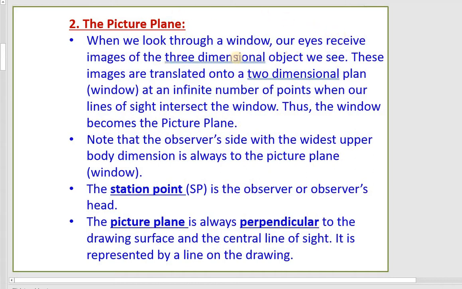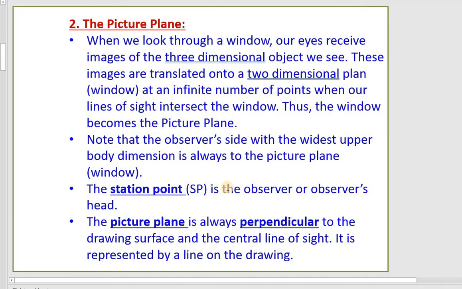So now the picture plane, usually they have three-dimensional objects. When we see it's inside there, you can see everything on the picture plane. These images are translated onto the two-dimension plane because the object itself has 3 dimensions. After that, it is transferred to the picture plane, which is 2D. That means everything you see on the picture plane. And that's what you call the picture plane.